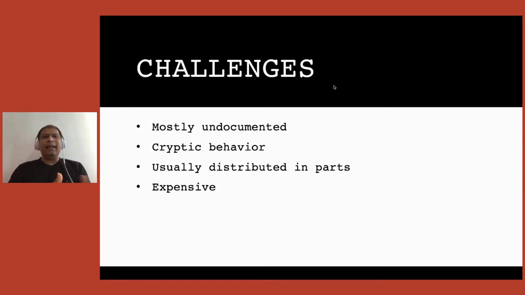They basically share the executable in parts, part 1, part 2, part 3. These parts have to be in place in a specific sequence, and only then would the anticipated functionality be triggered. So that's another big problem with ICS or OT binaries. And yes, the devices and the software are acutely expensive as well.